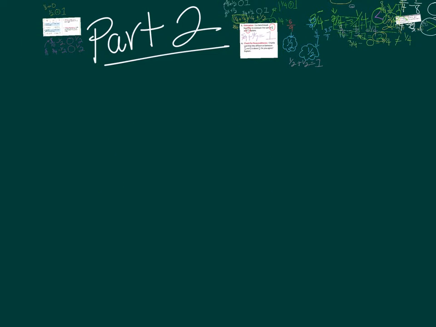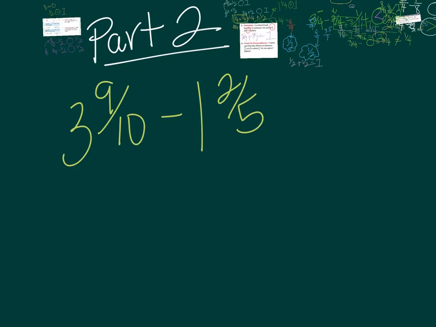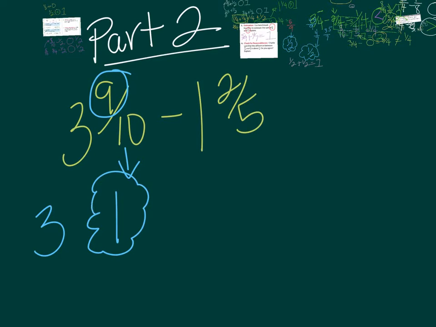Let's try some bigger numbers. What if we had 3 9/10 minus 1 2/5? Well, my whole numbers will stay my whole numbers, so 3 is 3. Now 9/10. 9/10 is close to 10/10, so I'm going to think of 9/10 as 1/2. So far on this side, 3 plus 1, I've got 4 as my whole.